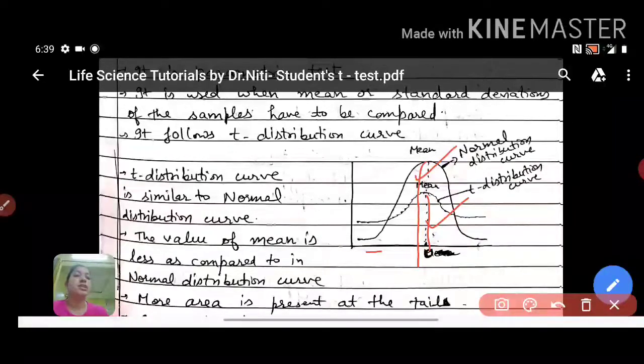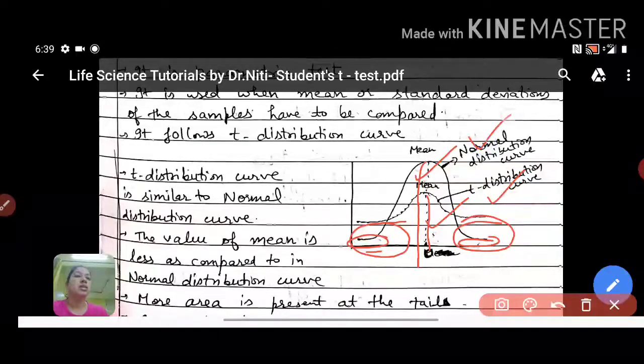In the normal distribution curve, you can see here, this is the area present in the tails. But in the t-distribution curve, the area that lies in the tails is this. So the area in the tails is more in the t-distribution curve but less in the normal distribution curve.